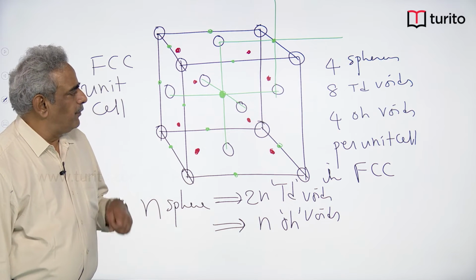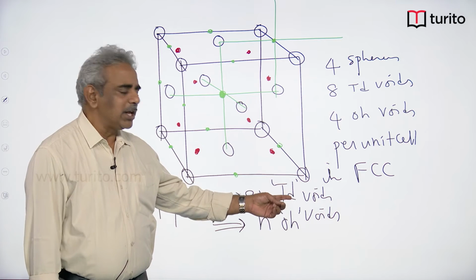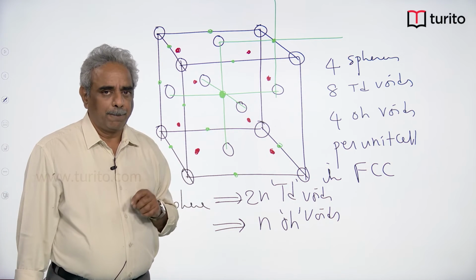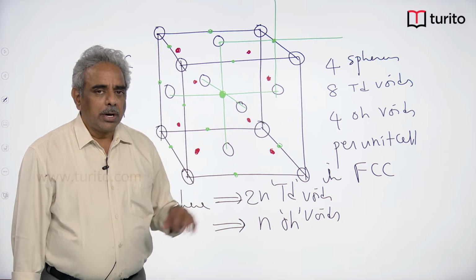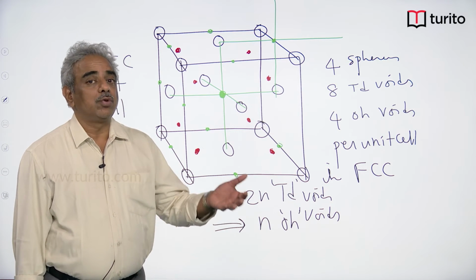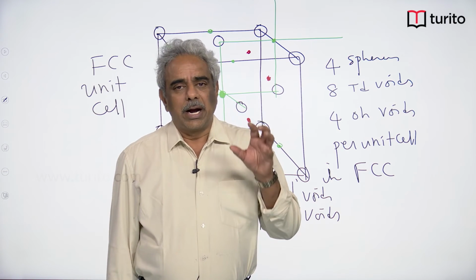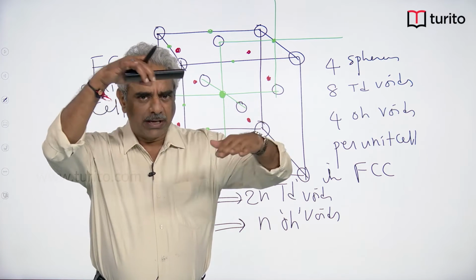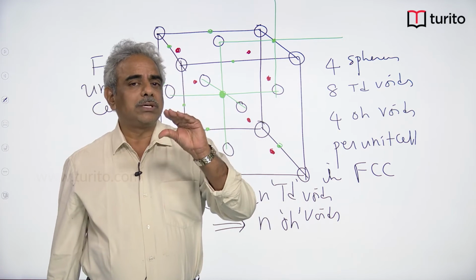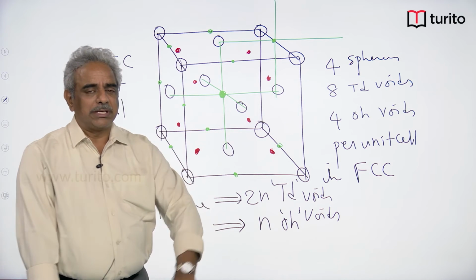Now, let us do a very big thing. It is the same arrangement for even HCP. So, this rule holds good not only for FCC, but also for HCP. Remember, FCC and HCP differ in the arrangement of the layers, but the closeness of layers is same, coordination number is same.